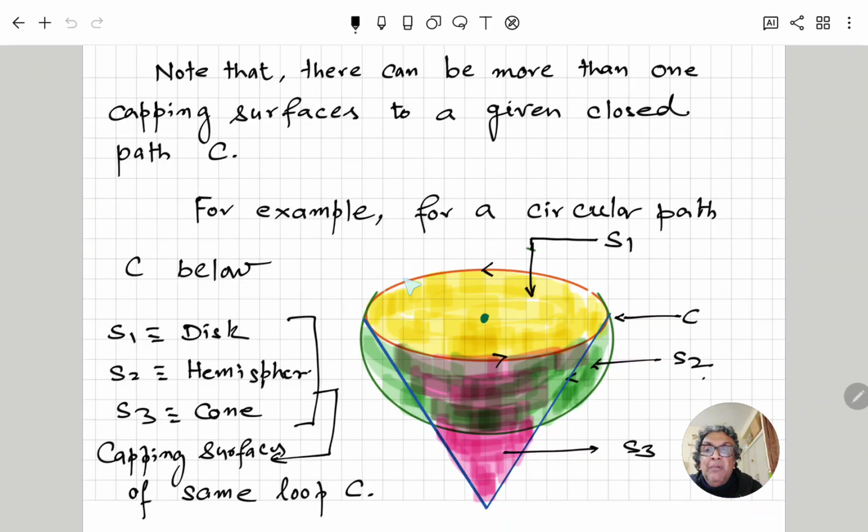For the same circular loop C here, you can see a straightforward disc-like surface S1. You can also see a hemisphere-like surface S2 and a cone-like surface S3. All three of them are capping surfaces of the same circular loop C.